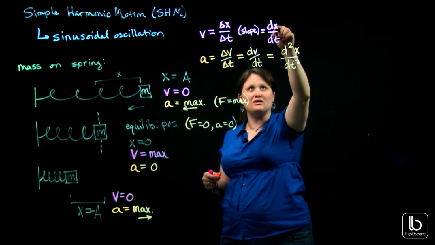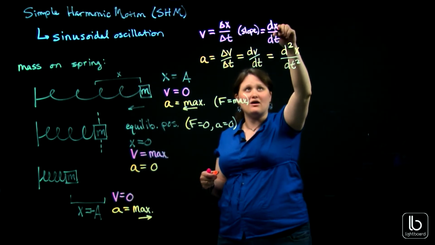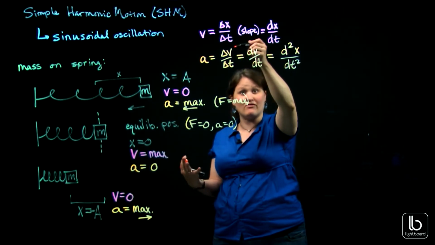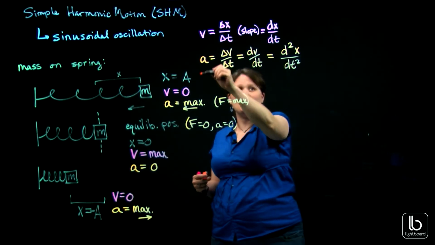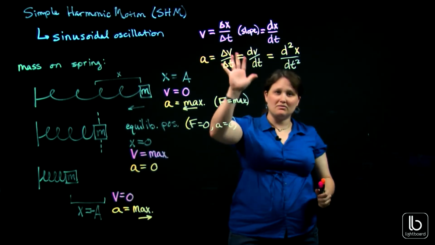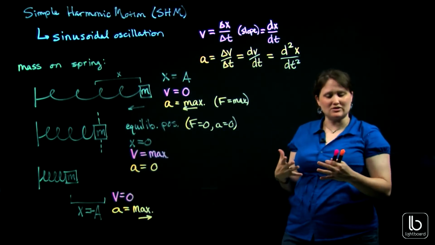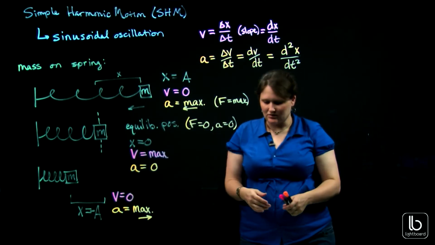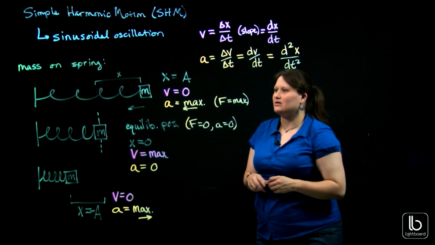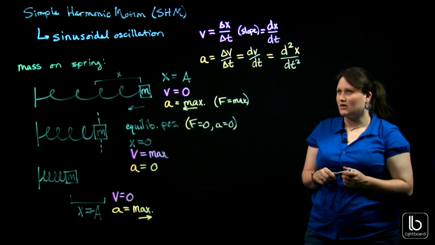Okay, so if we take this derivative of position once, we get velocity. If we take it a second time, if we take the derivative of velocity with respect to time, we get acceleration. Okay, so this is where it actually starts to get interesting. So let's play graphically with our mass on a spring.